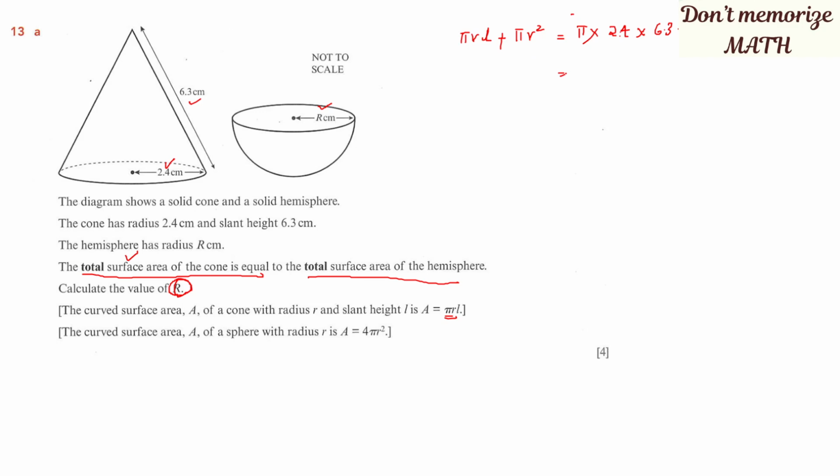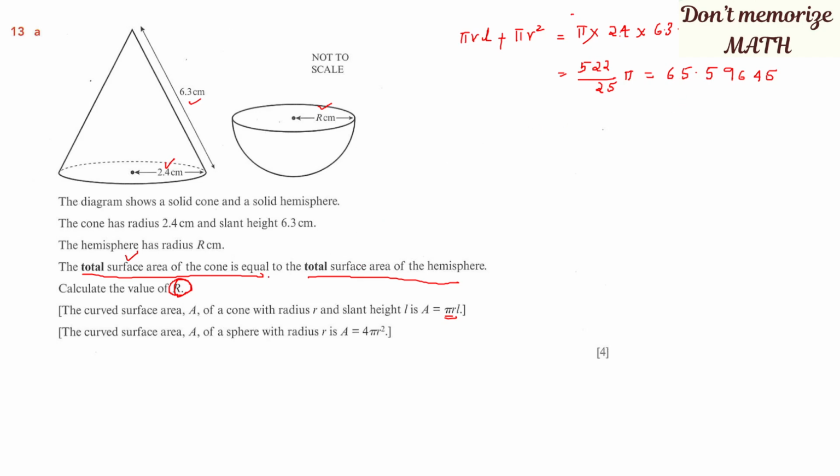Pi times 2.4 times 6.3, then plus pi times 2.4 squared. You get 522 over 25 pi. You can write the same because this is not the final answer, or you can change it to decimal. Press SD and you will get 65.59645, at least 5 or 6 digits after the decimal.